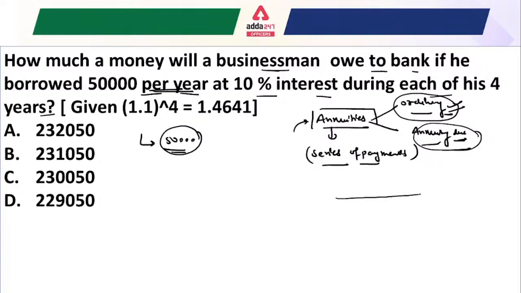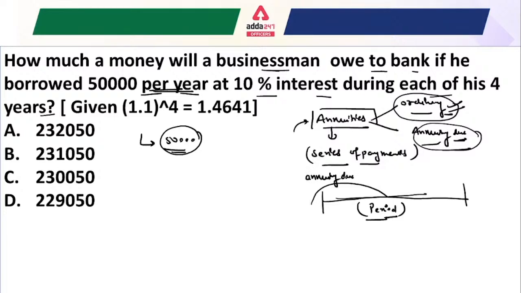So we can understand this as our time period line, with a starting period and an ending period. Whenever we are talking about payment at the beginning of the period, that is known as our annuity due.